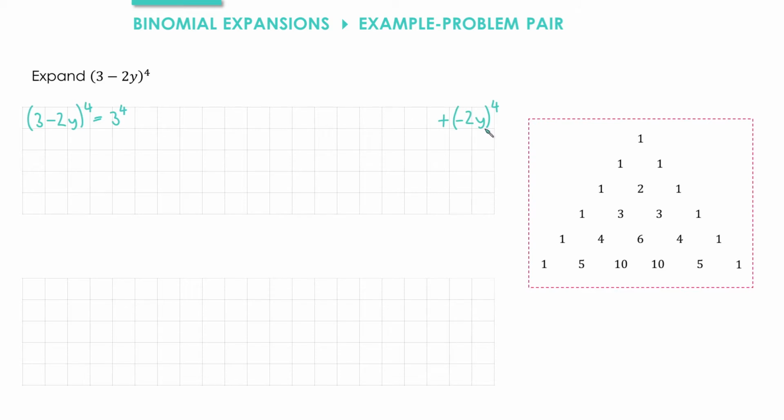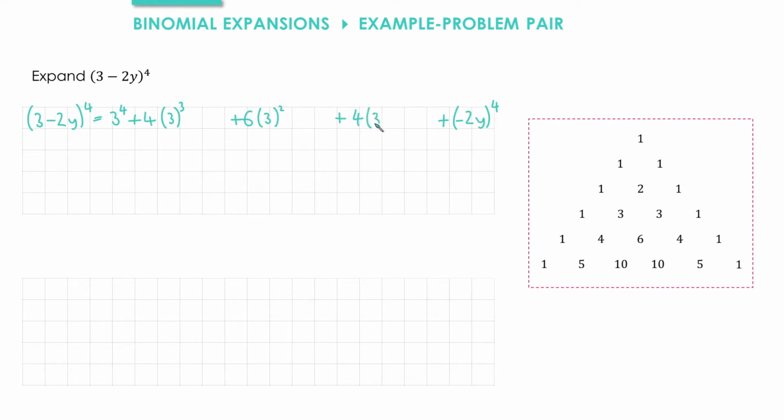Next, let's put in our binomial coefficients. The power is 4, so we want the fourth row, 0, 1, 2, 3, 4. So they are 1, 4, 6, 4, 1. Next, we'll put in our powers of 3. We had 3 to the 4 here. Then we need 3 cubed. And here we have 3 squared.